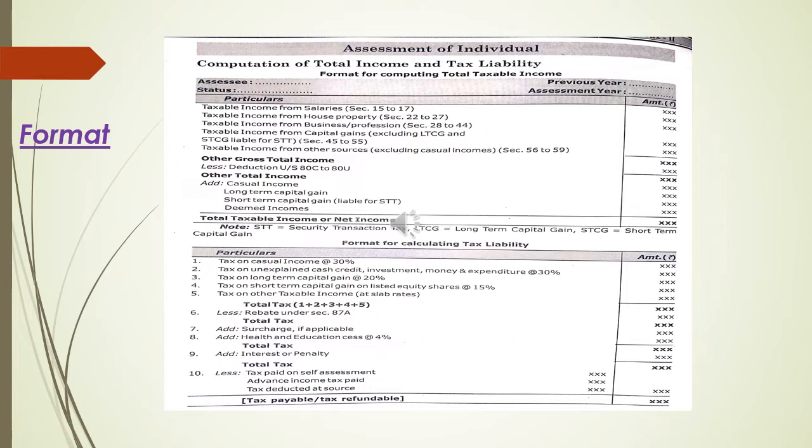Sometimes this tax payable, or tax liability as we normally call it, can even be a negative value, which means a refund that you have to receive from the tax authority. It is not always that tax is payable by the assessee.